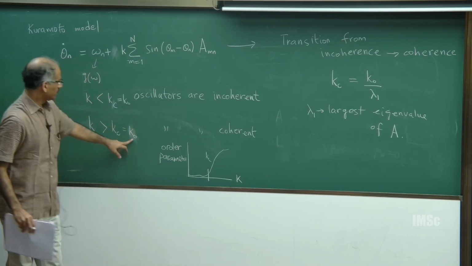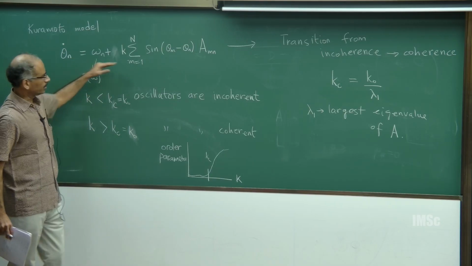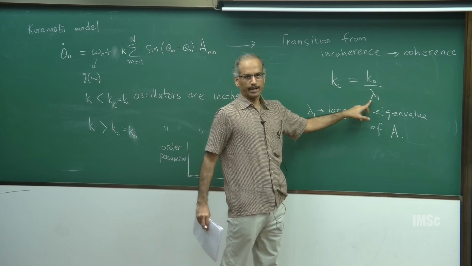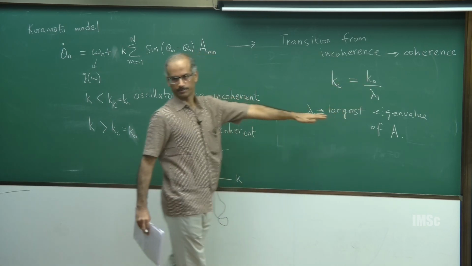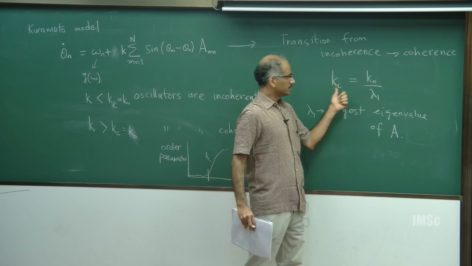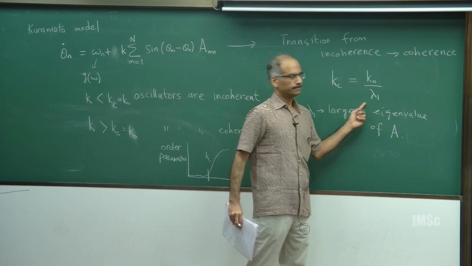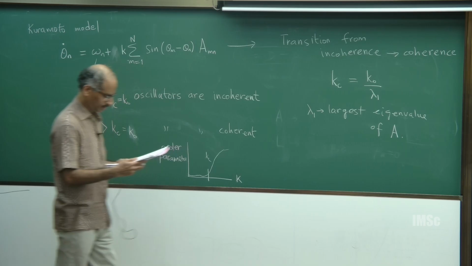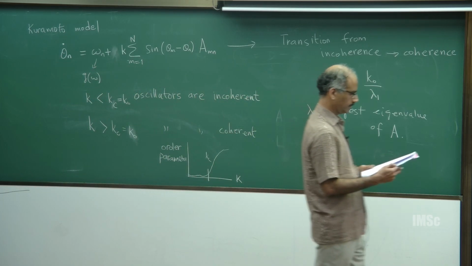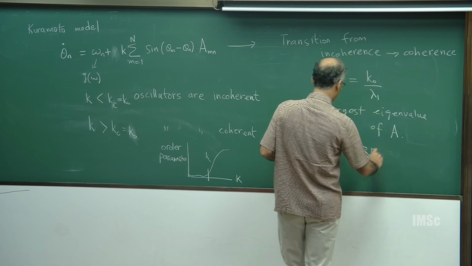In other words, if the critical parameter value is K0 in the standard Kuramoto model, once you put in the network effect, Kc becomes K0 divided by lambda 1, that is the change it brings. So the network effect enters this critical value through lambda 1. If you want to see more of this, you should read this paper.